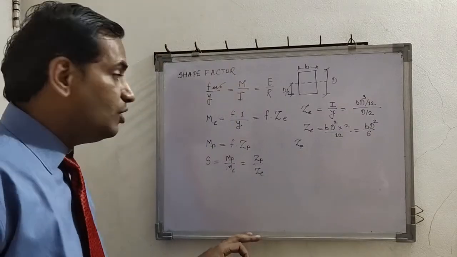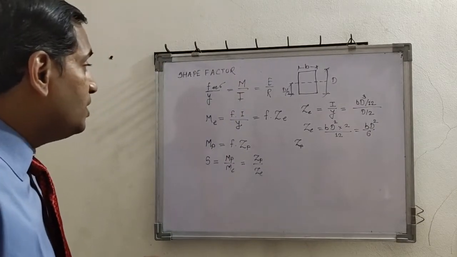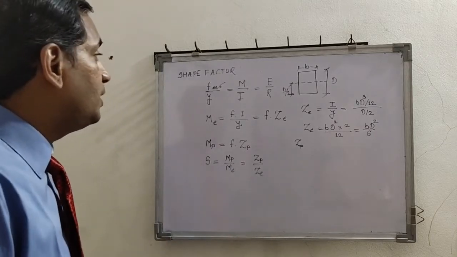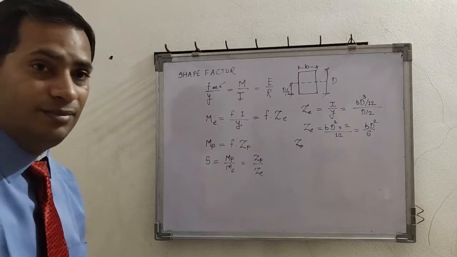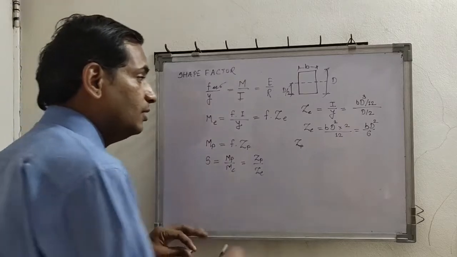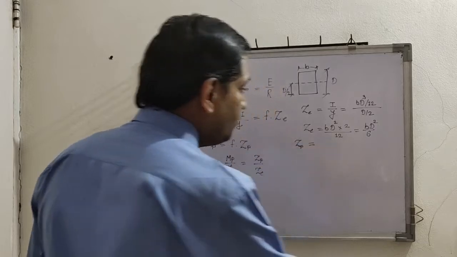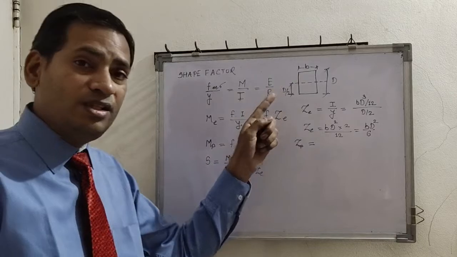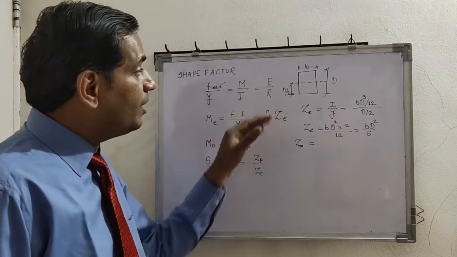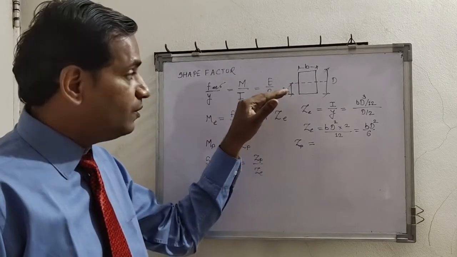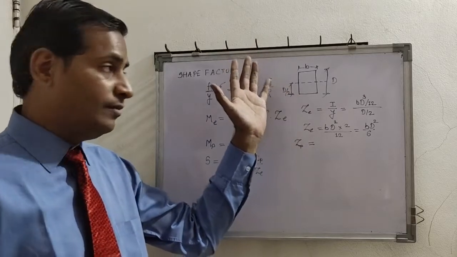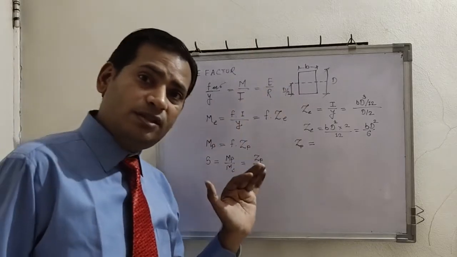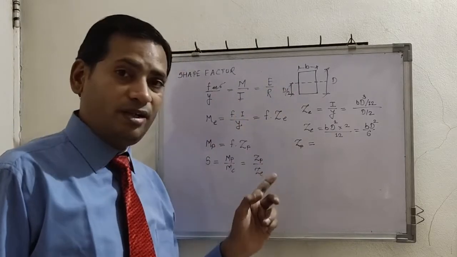Now ZP is the plastic section modulus. What is Z? Z is I upon Y, or stress into area. As per the assumptions in plastic analysis, since the cross section is symmetric, we have equal area below the plastic neutral axis as well as above it. The neutral axis coincides with the plastic neutral axis because the cross section is symmetric.